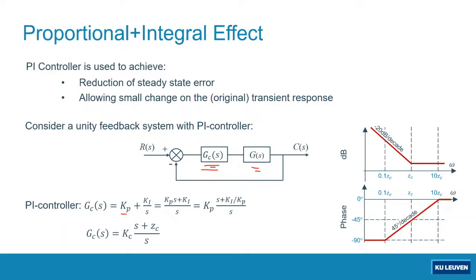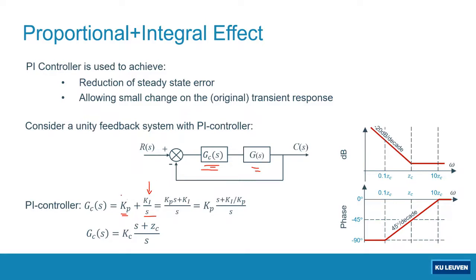But for a PI controller, you combine your proportional action with an integrative action. You still remember 1 over s in the Laplace domain corresponds to integral action in the time domain. So in this case, this term is basically an integral action with a coefficient of Ki.